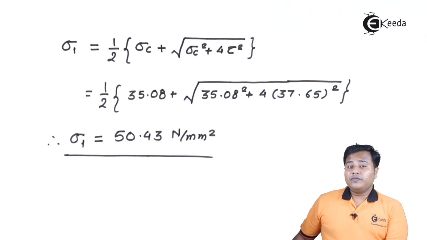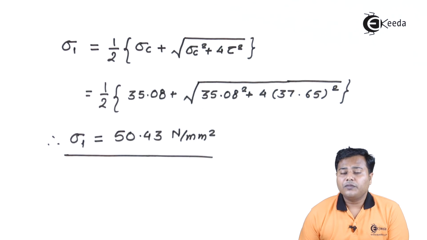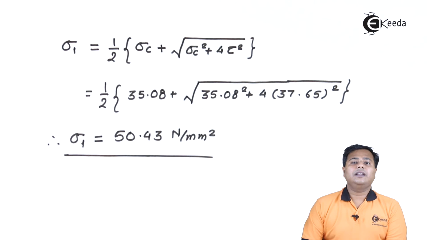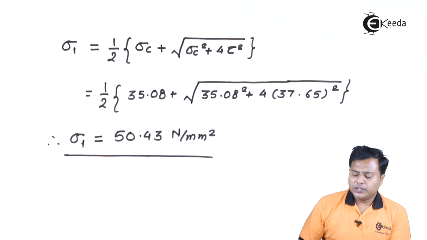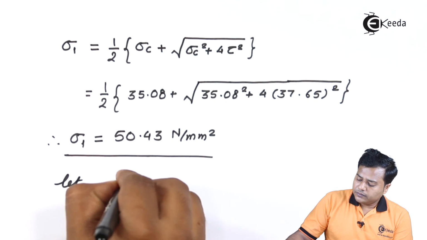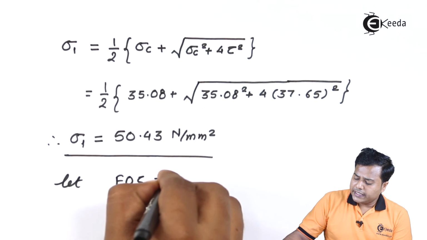Now let us consider some factor of safety also. Of course, for applications like a screw jack, like a power screw, or like the one which we are right now designing, it is somewhere around 3 to 4. So let us say FOS is equal to 3.